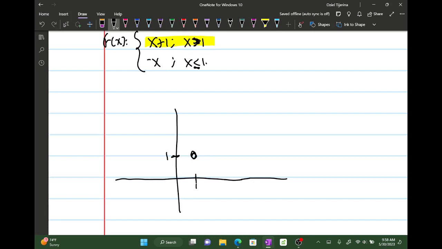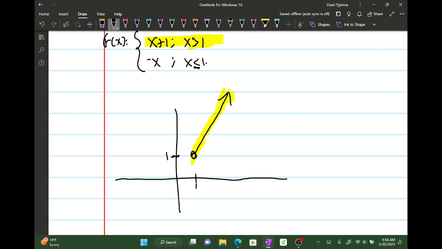So we have to understand how to graph piecewise functions in order to do this. Let's say this is kind of what happens here, but only such that x is greater than 1. And we know that this is it right here.